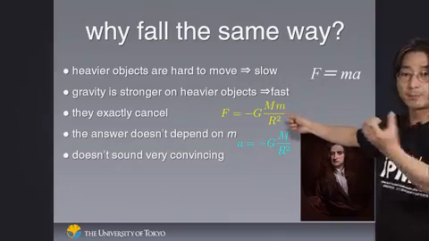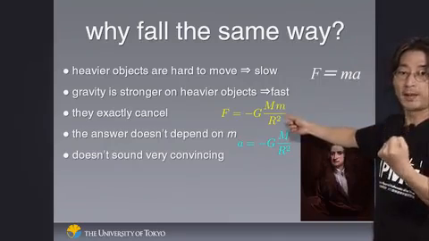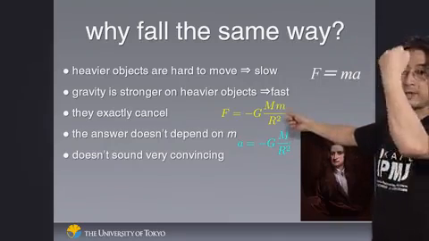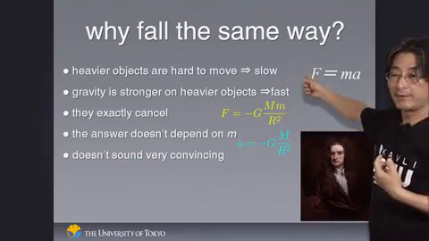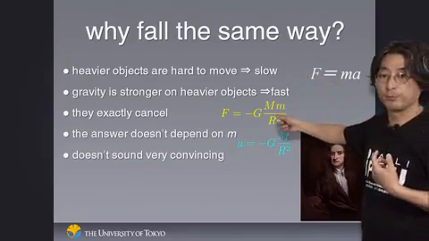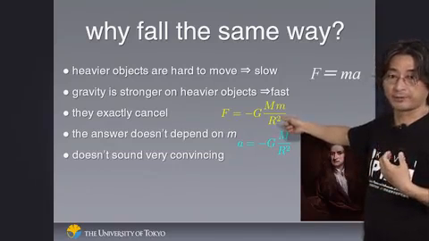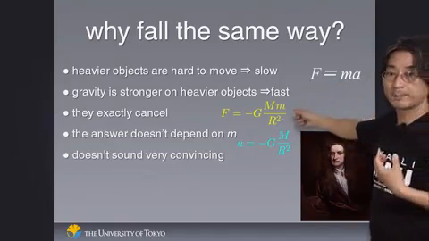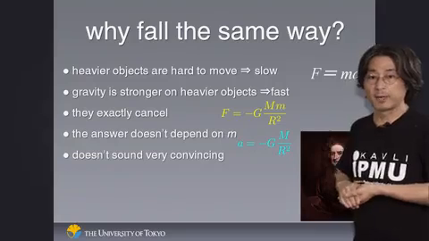A heavier object is pulled more strongly by the Earth. So then you might think that a heavier object would fall faster instead. It turns out that heavier objects should move more slowly because of F equals ma, but it's being pulled more strongly because it's heavier, because of the universal theory of gravitation. The dependence on mass between the two equations exactly cancels if you think about the motion.